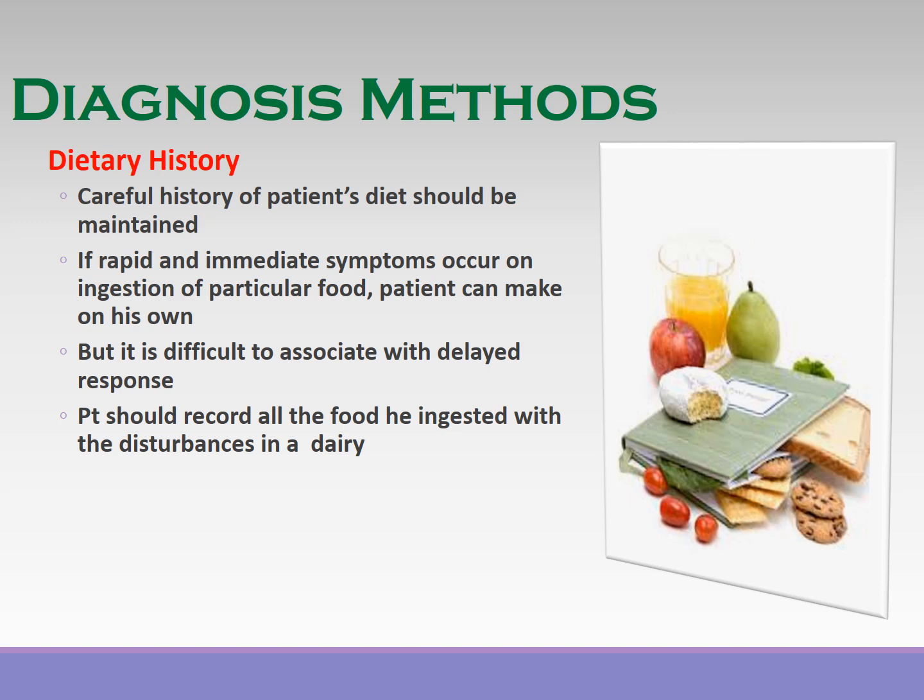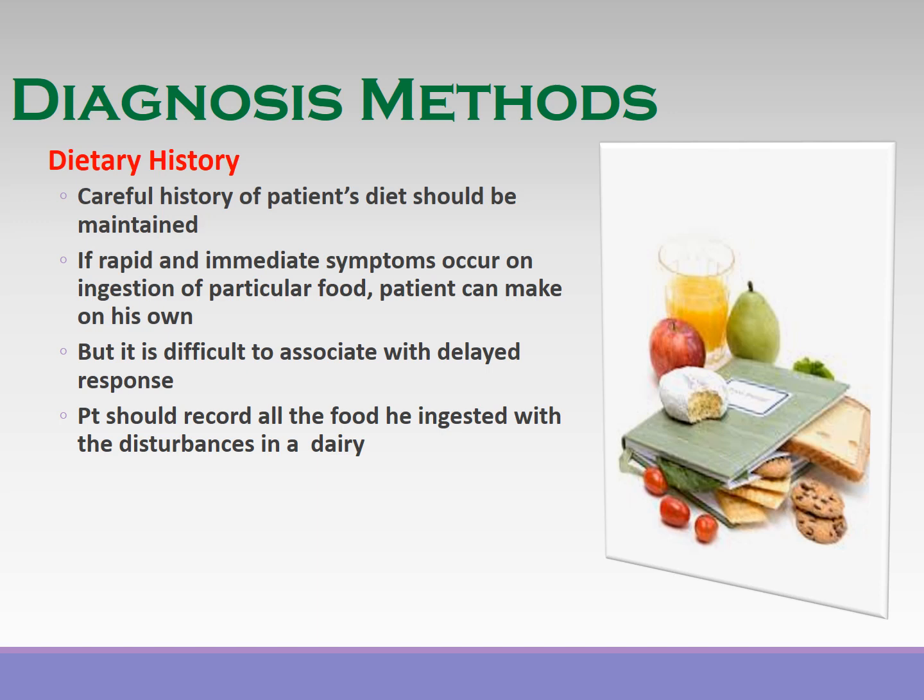So, how to diagnose that someone is allergic to a particular food. First thing to find out the allergic food is dietary history. Dietary history involves a careful history of the patient's diet.